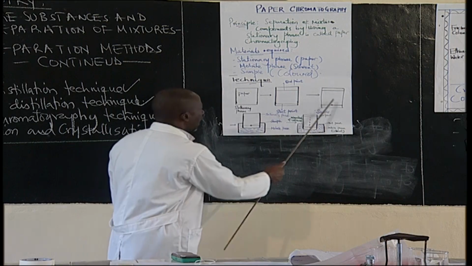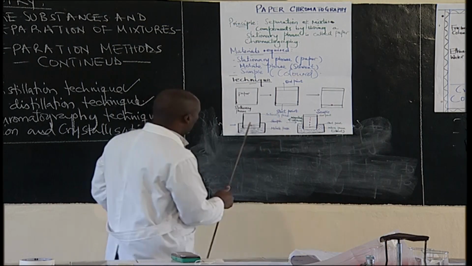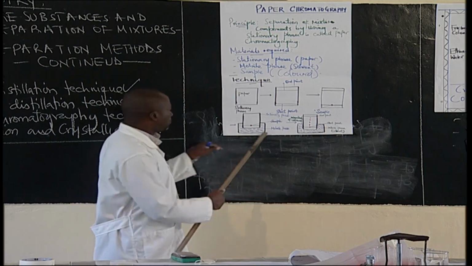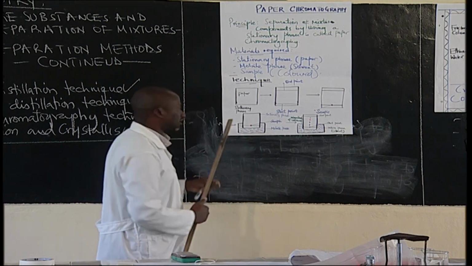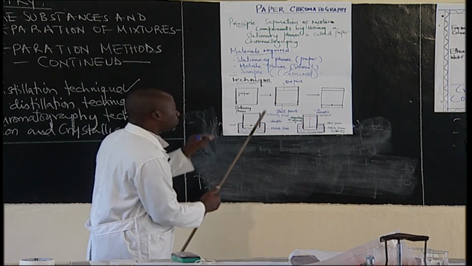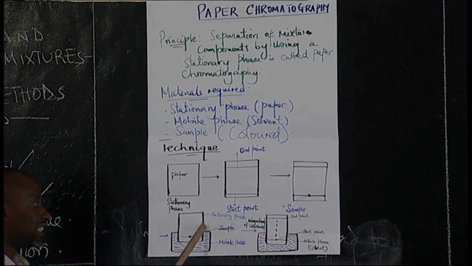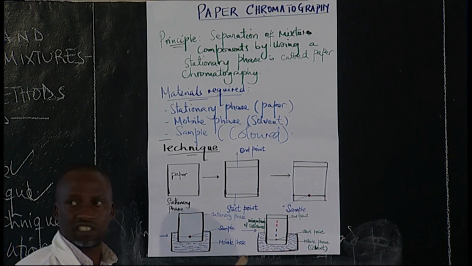And then, after putting the sample, you insert the paper so that part of the paper is dipped into the mobile phase. That mobile phase is a solvent. The sample is slightly above the solvent, and the paper is the stationary phase. What happens when it is inserted?